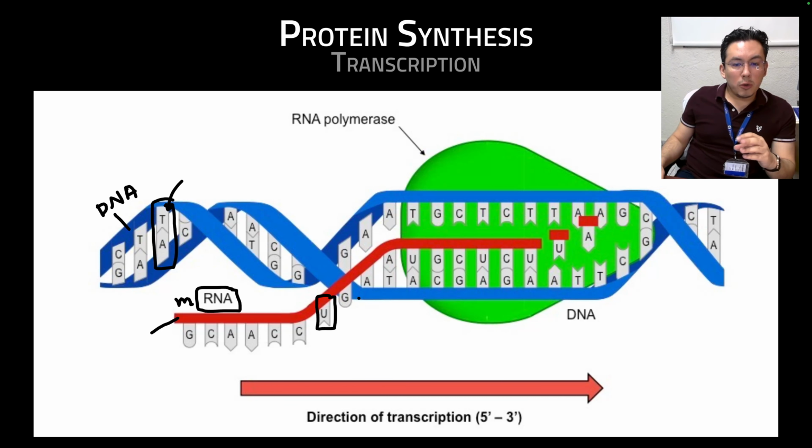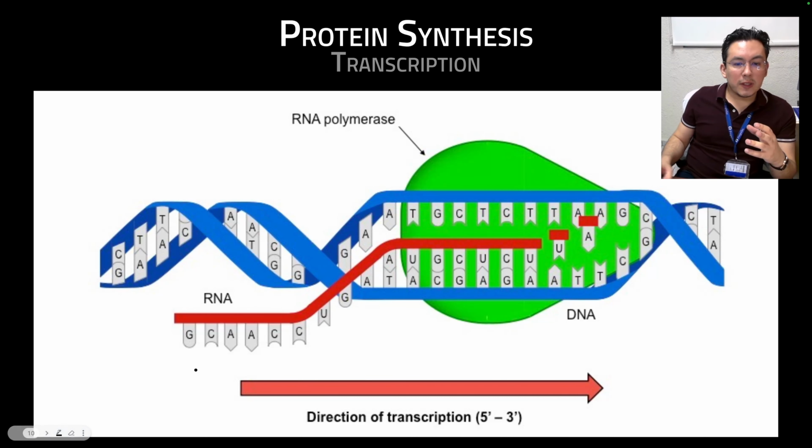So at this point, you may be confused about what's going on in here. Why is there a double strand, right? But in this diagram, what we're looking at is the process of actually building RNA.